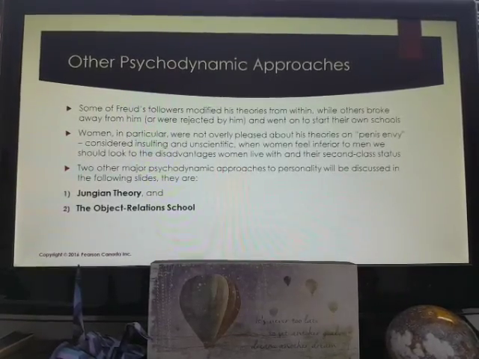A lot of women said that when women feel inferior to men, we should look to the disadvantages women live with and their second-class status, as opposed to silly constructs such as penis envy. So we'll move on and talk about two of the other major psychodynamic approaches: the Jungian school, Jungian theory, and the object relations school.